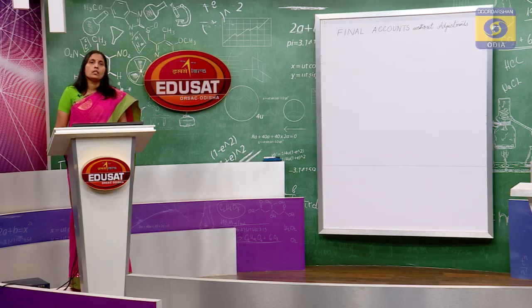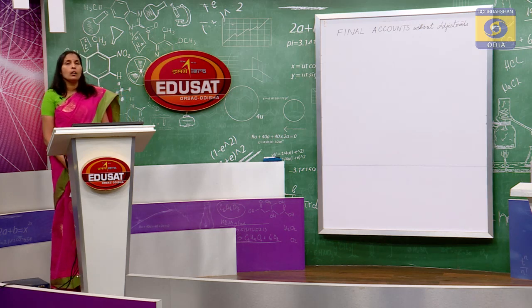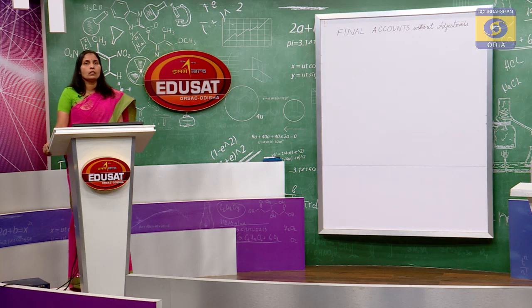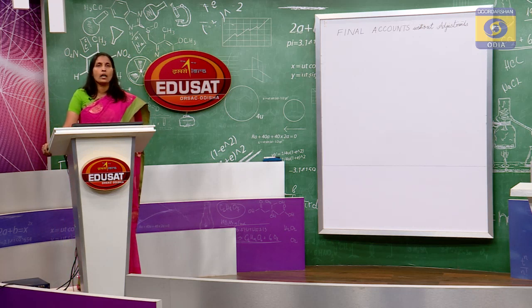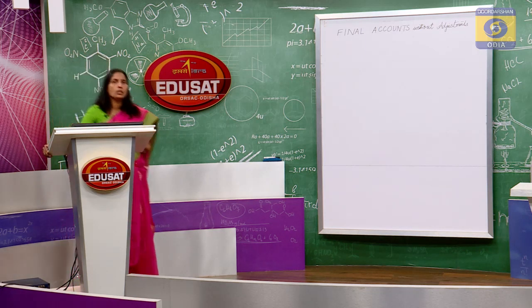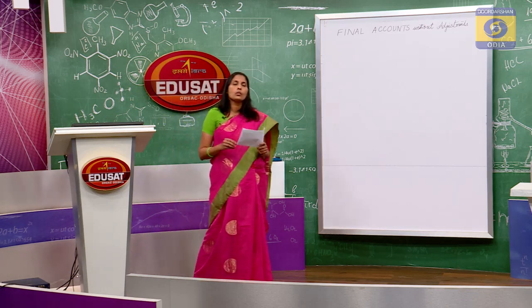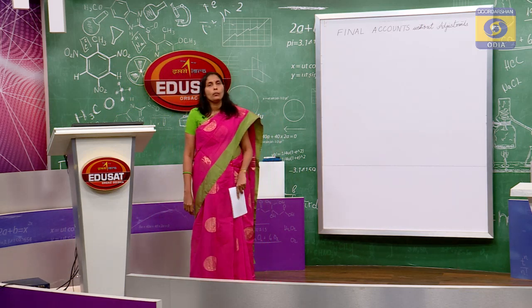Now, let us take a look at the format of the profit and loss account. You must be wondering, what are indirect revenue, expenses and losses, indirect incomes and gains? Students, just keep in mind the various accounts or kinds of expenses we will be considering in the profit and loss account.